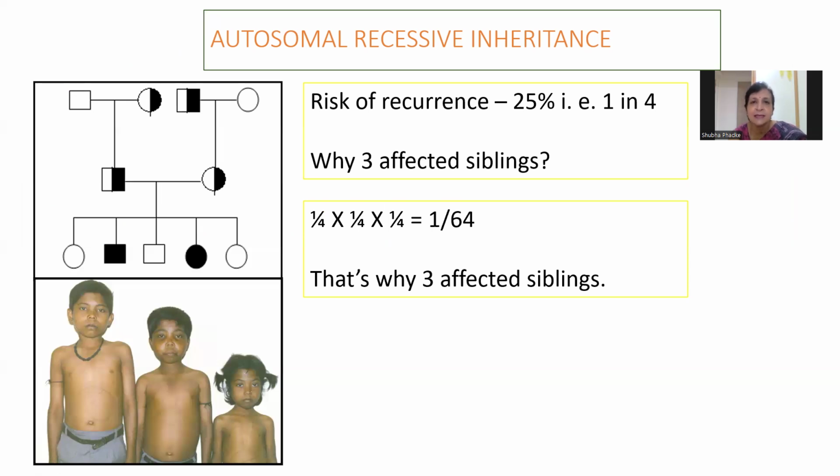That means if there are 64 couples where both are carriers of an autosomal recessive disorder, one of them may have three consecutive children with the same serious autosomal recessive disorder. Hence, if the disorder is severe enough, they would need prenatal diagnosis for every pregnancy of the mother, even if the previous one or two children are normal.